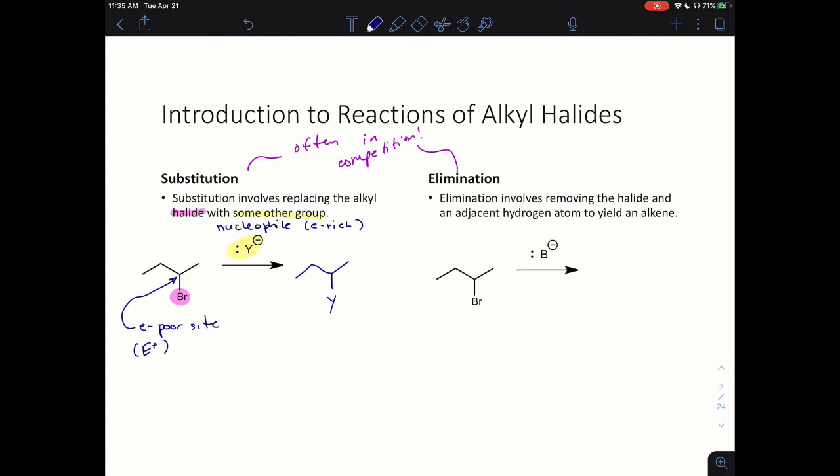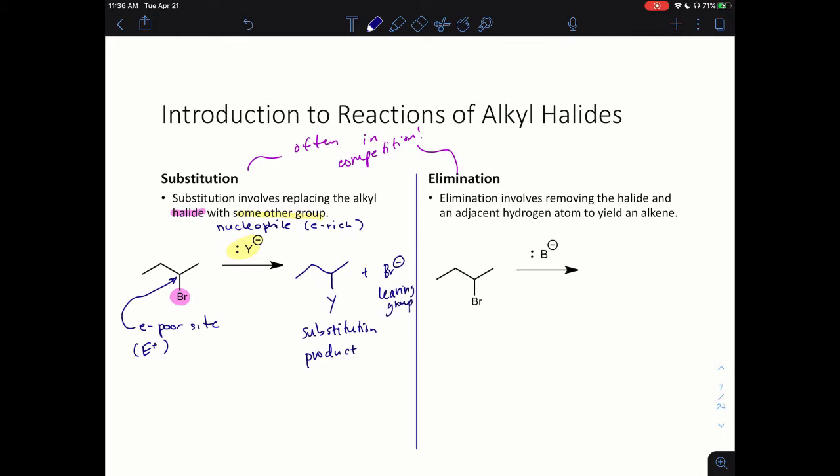So here's the product. This is our substitution product. And then you might say, well, what happened to bromine? Well, it actually leaves. And so it has left, and we call it the leaving group. All right.